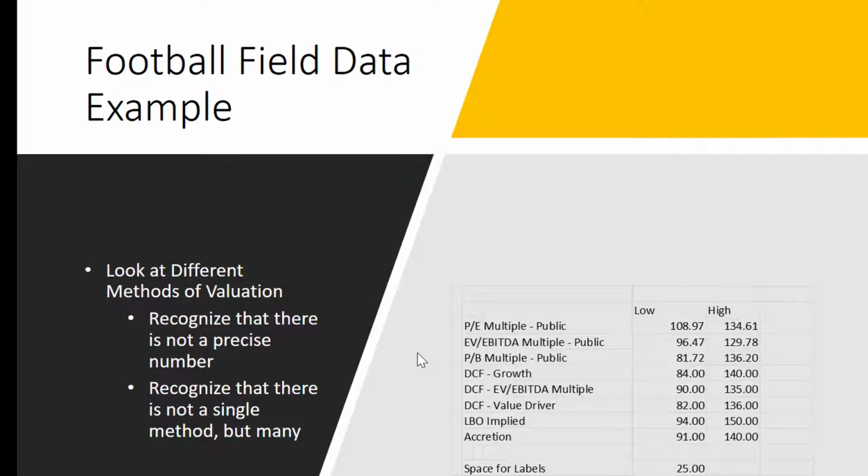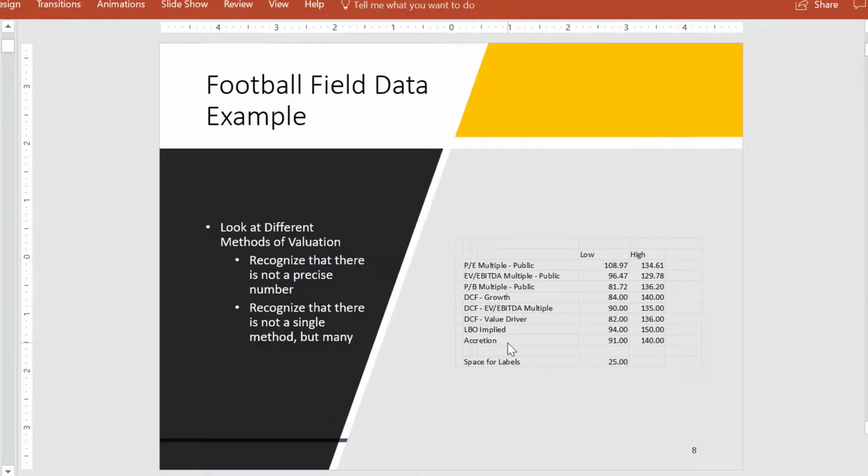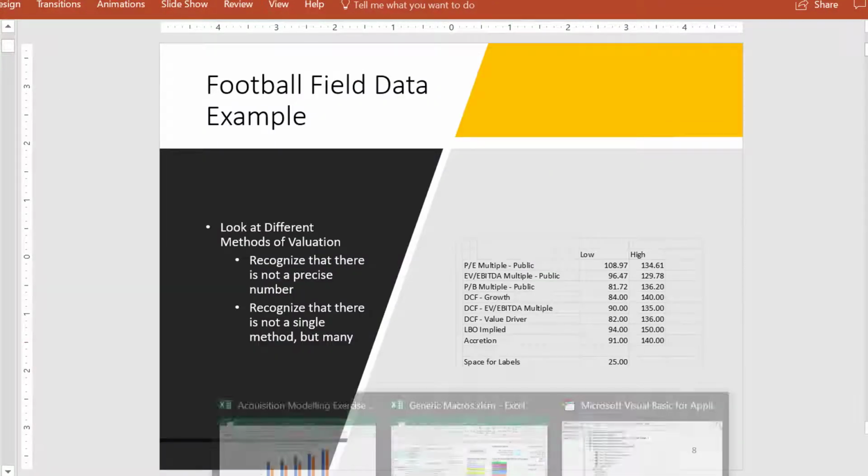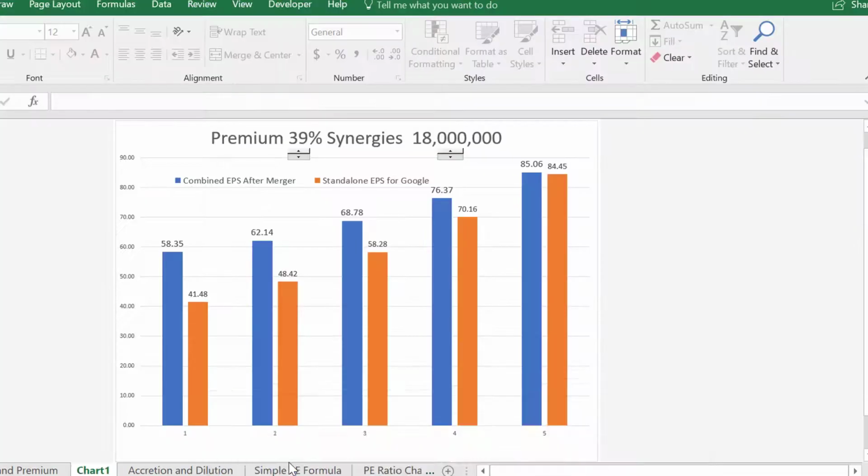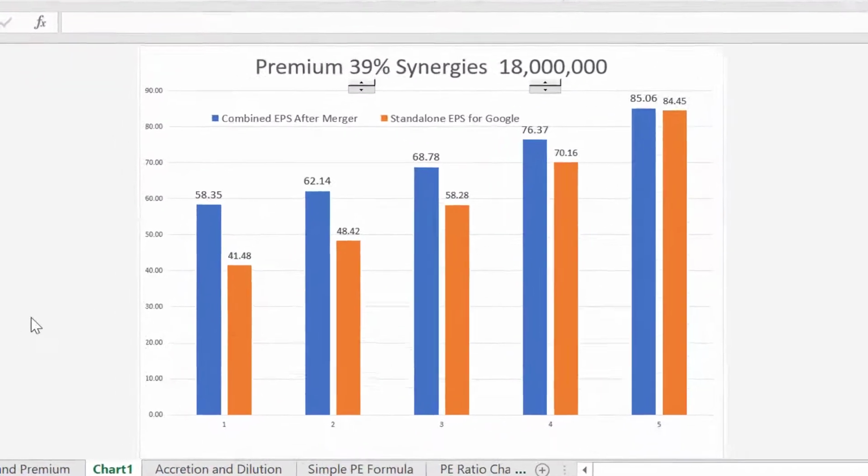This is another example. Now, I have a file here that's named Acquisition Modeling Exercise Complete.